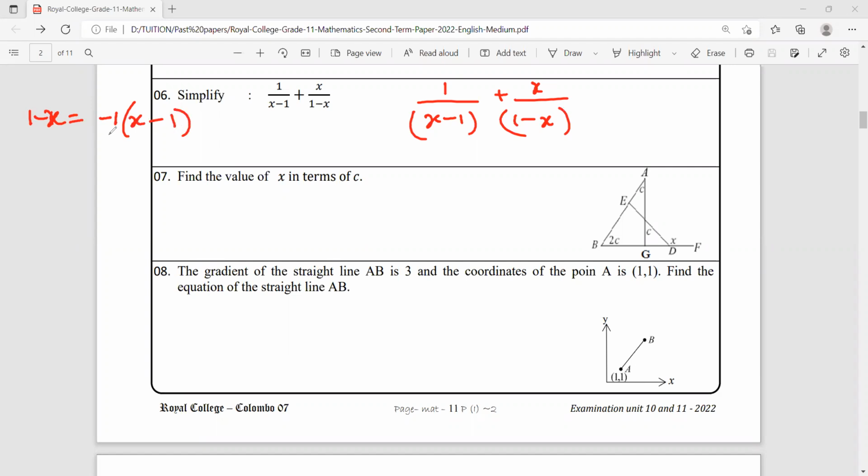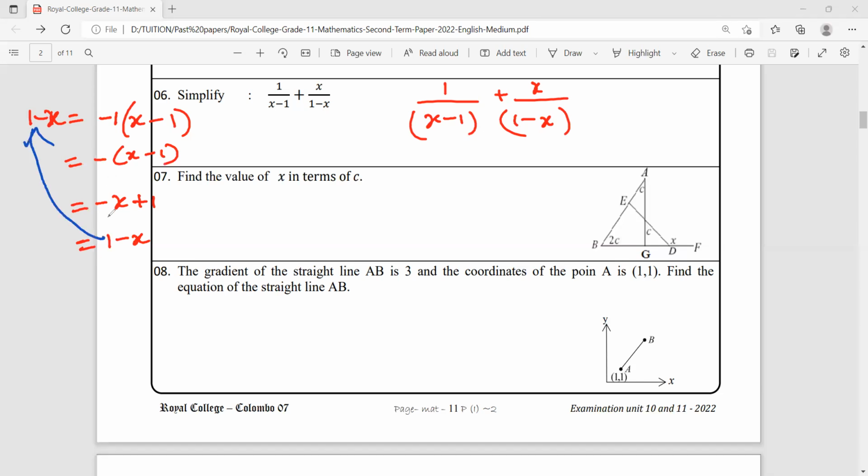So this is an important operation you can remember. Then you can write it minus x minus 1. So what happens if you simplify this, if you expand this, if you eliminate these brackets, you get minus into x, that is minus x, minus into minus 1, this is plus 1, then you get 1 minus x, the same thing.